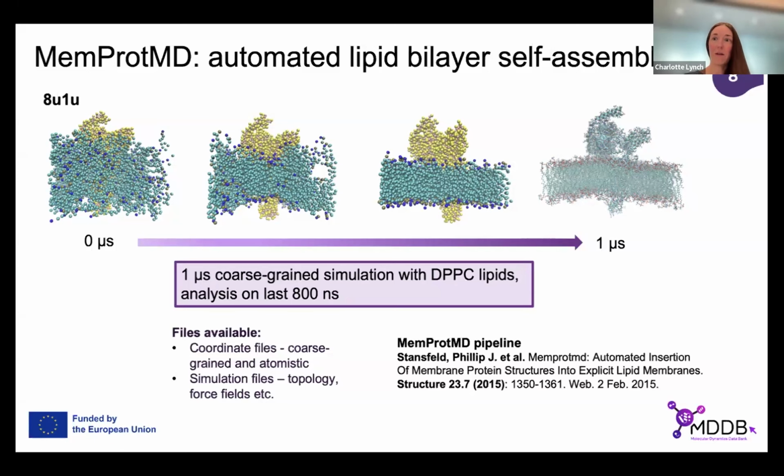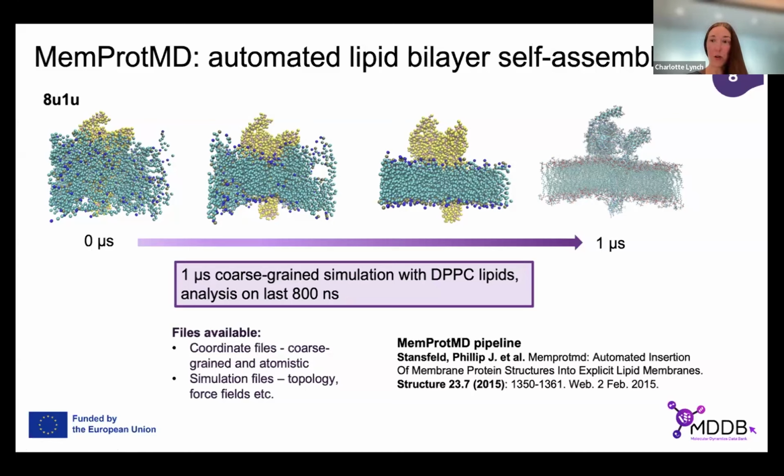The final frame is then converted back into an atomistic representation. And then we do a set of analyses on the last 800 nanoseconds, really making sure that this bilayer has fully assembled and is equilibrated by the time we do the analyses.